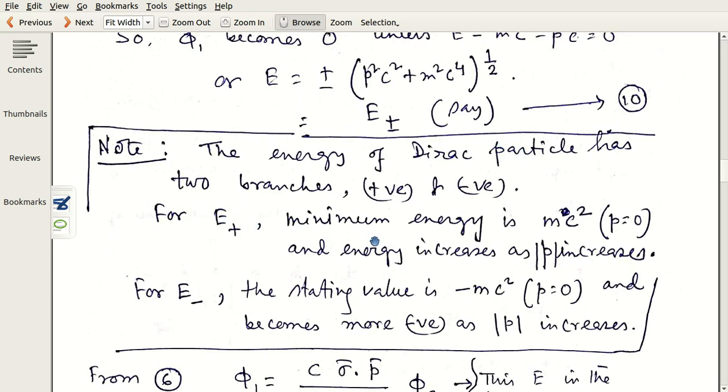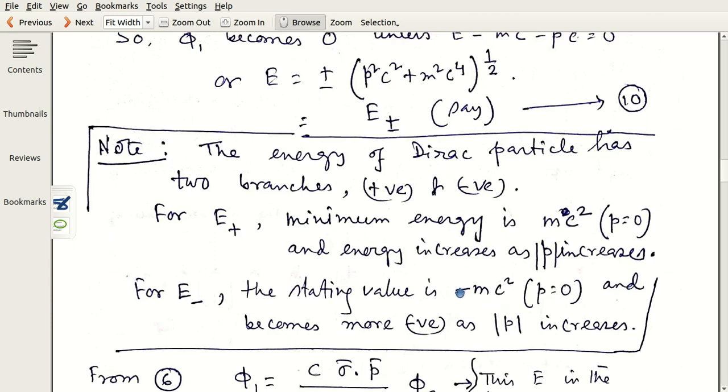So for E plus, you see that the minimum energy is mc square. If you set P equal to 0, if you consider the particle to be at rest, then E equals mc square. This is the minimum energy, and because it is P square, if your mod P increases in any direction, then the energy increases. That's quite natural, because kinetic energy increases. And for negative E, the starting value is minus mc square for P equal to 0.